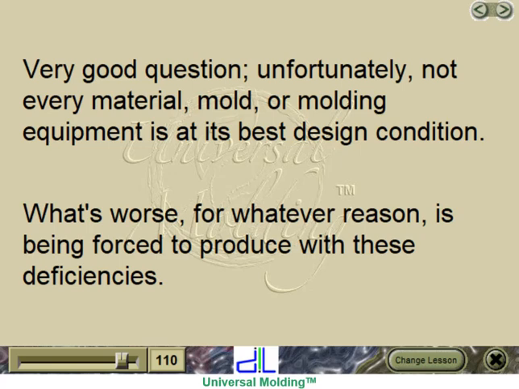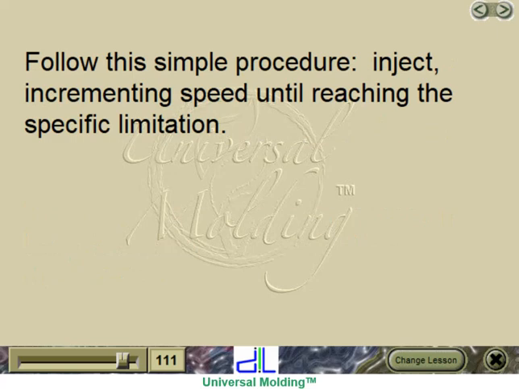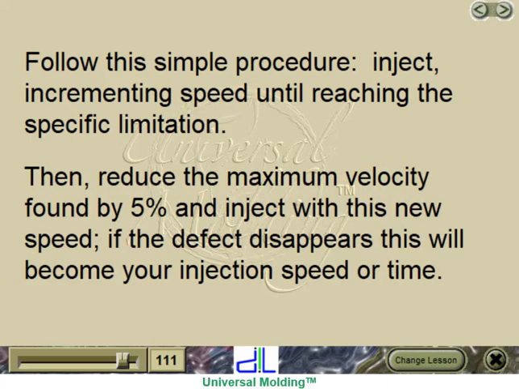What's worse, for whatever reason, is being forced to produce with these deficiencies. Follow this simple procedure. Inject, incrementing speed until reaching the specific limitation. Then, reduce the maximum velocity found by 5% and inject with this new speed. If the defect disappears, this will become your injection speed or time.